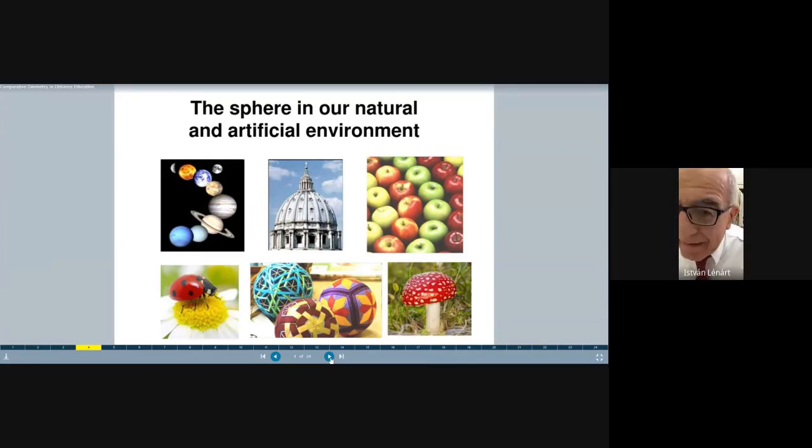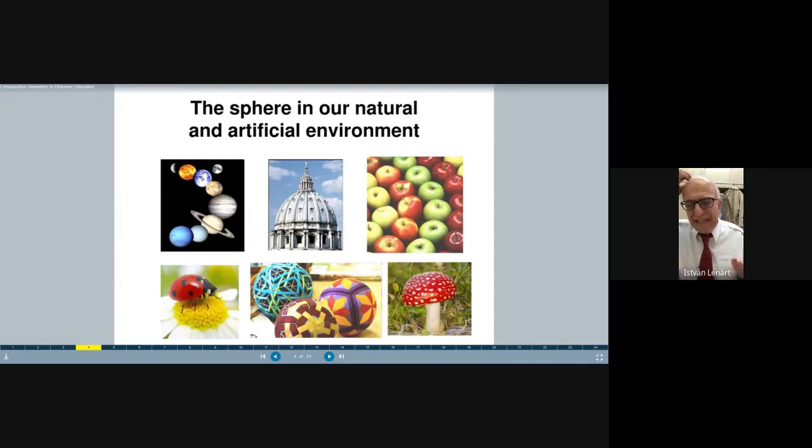But if they try to give examples of spherical or partly spherical surfaces, both in nature and in the artificial environment, they come out surprisingly often. Here you can see the planets, a dome, apples, a ladybug. In the middle, this is a very famous Japanese folk art, temari balls.